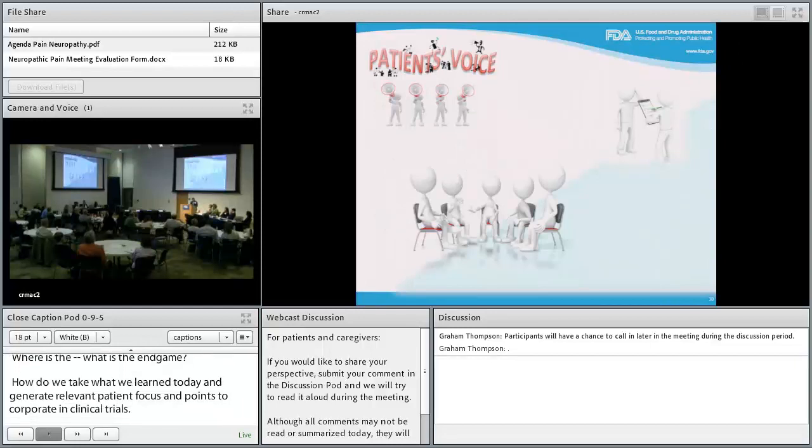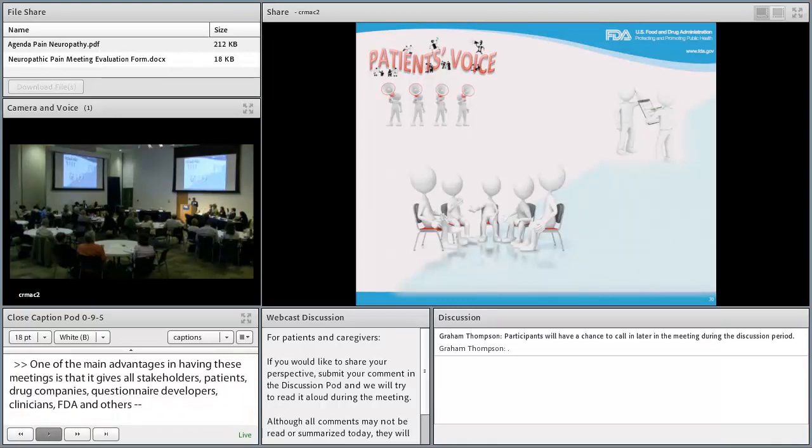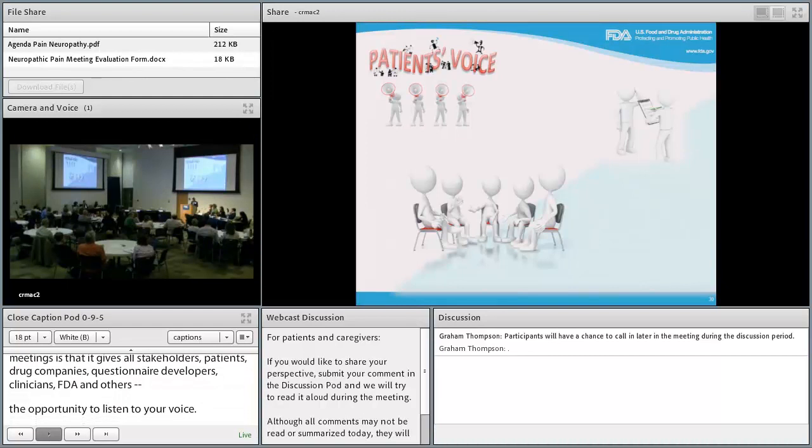One of the main advantages in having this meeting is that it gives all stakeholders, patients, drug companies, questionnaire developers, clinicians, FDA, and others the opportunity to listen to your voice, patient's voice, your experiences, particularly to hear what's important from your perspective and how you describe your symptoms and impacts in your own words.